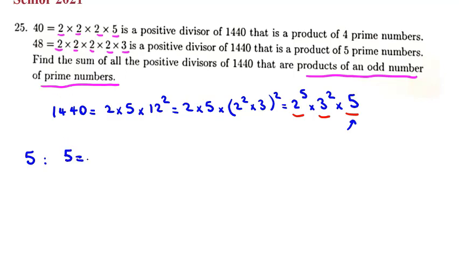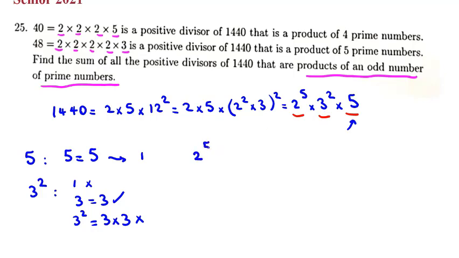So only 5, because 5 is a product of 1 prime, and 1 is odd. So here the answer was 1. If we consider 3 to the power of 2, the divisors are 1, 3, 3 squared. 1 is not good because it has 0 primes, 3 is 1 prime, it's good. 3 squared is 3 times 3, 2 prime numbers, it's bad.